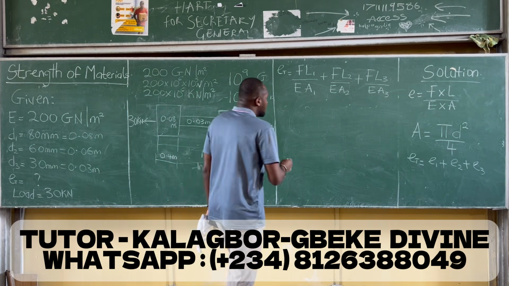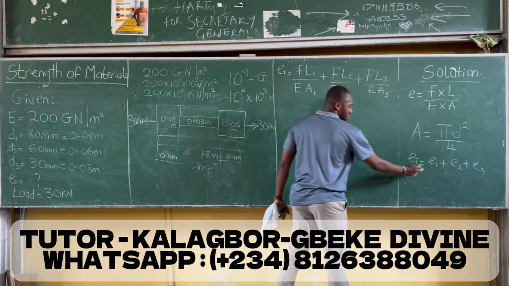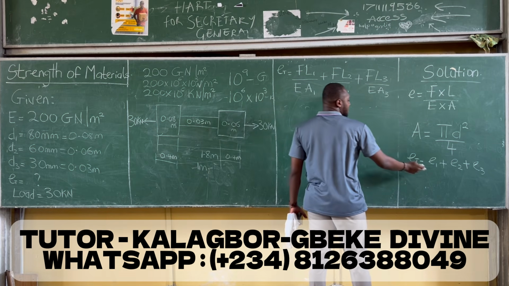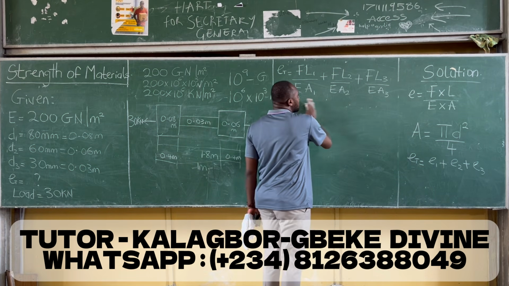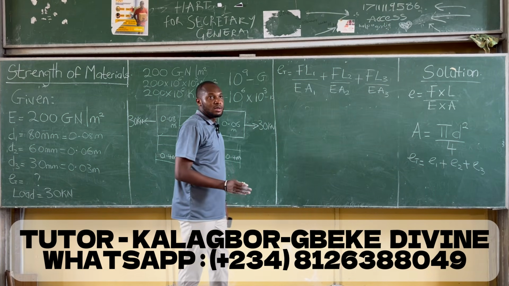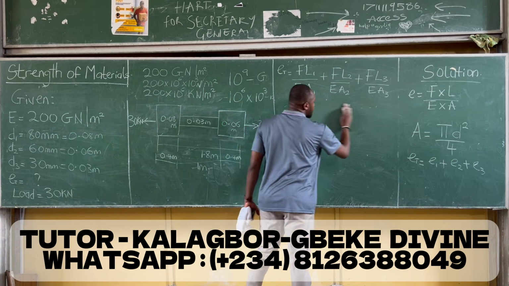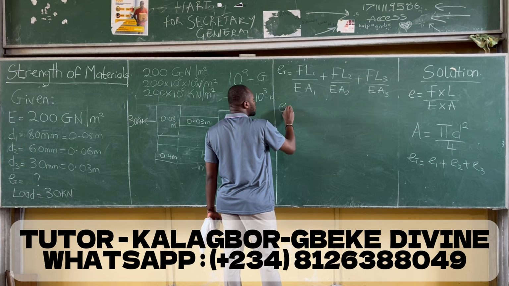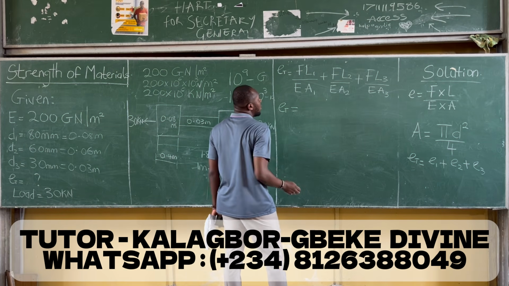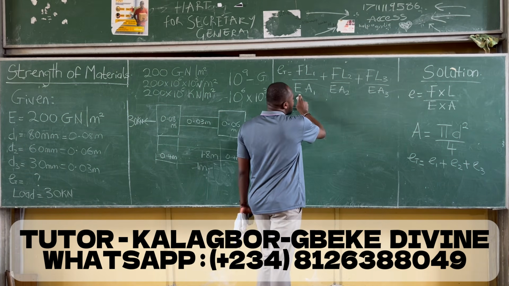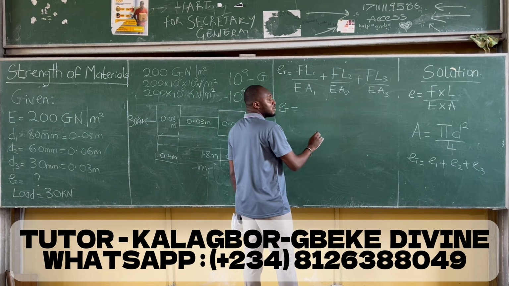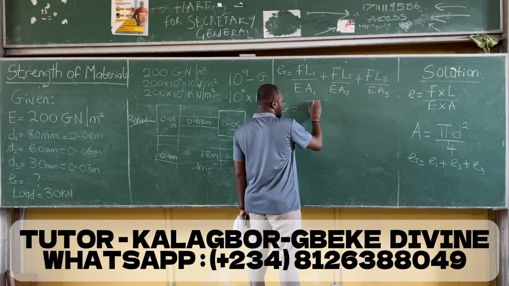All right. This represents E1. This represents E2. This represents E3. Now, looking at all this, you know you can factor out, right? So if we factor out what is common between the three of them, we know that F over E is the same here, F over E is the same here, F over E is the same here. It's not changing. So now we'll bring it out.